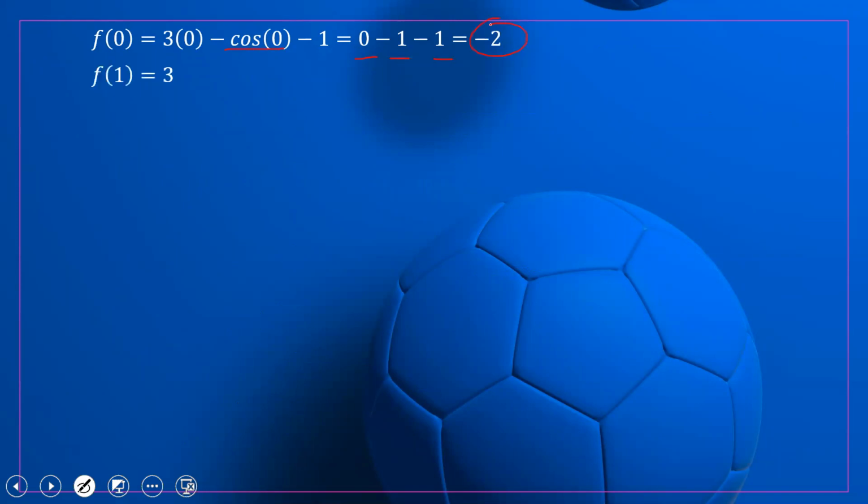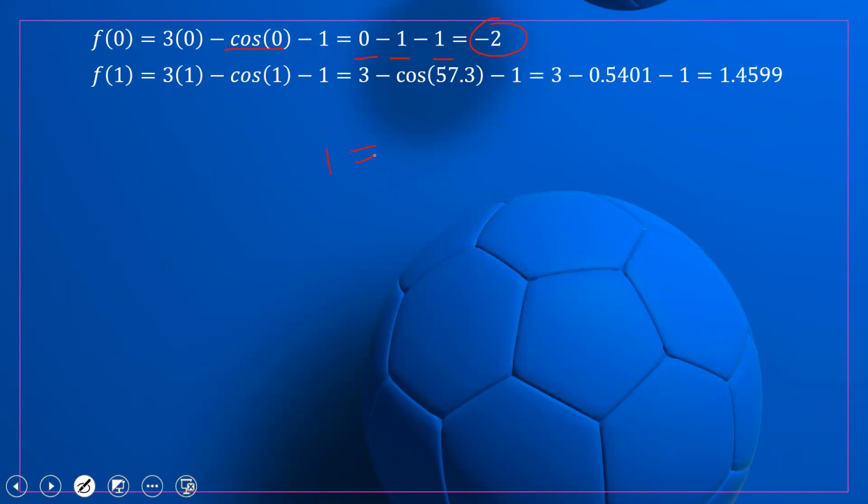If you put f of 1, we need cos of 1, which is in radians. 1 radian is equal to 180 upon pi, which we saw yesterday is 57.3 degrees. So we get 1.4599. The value of f of 0 is minus 2, which is negative, and f of 1 is positive. So the root will lie between 0 and 1.